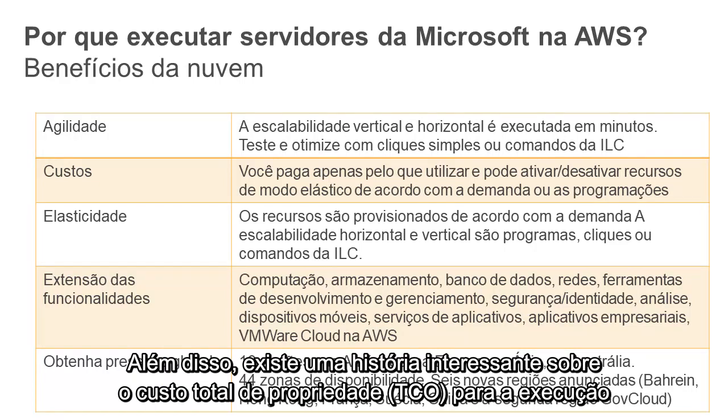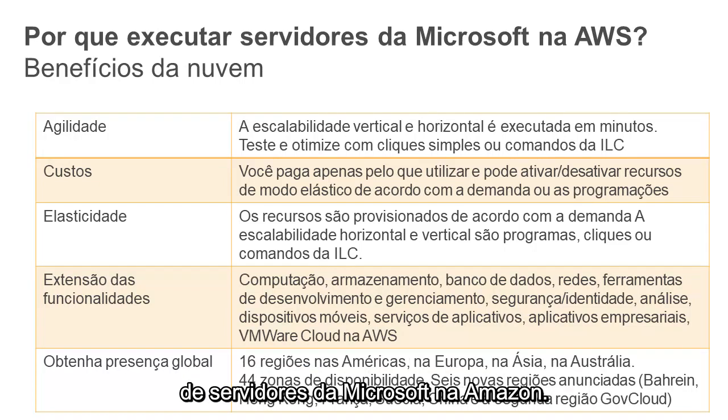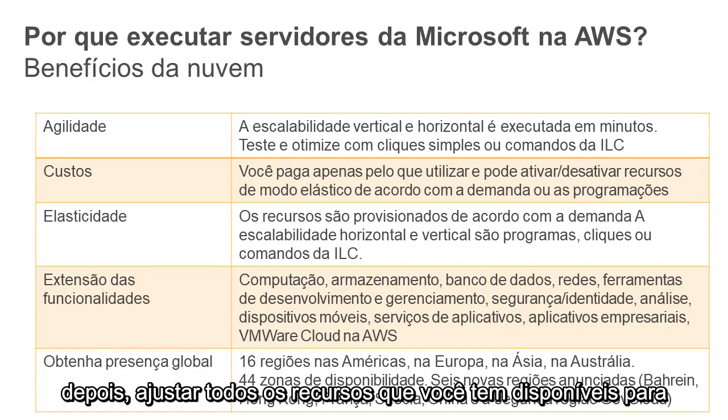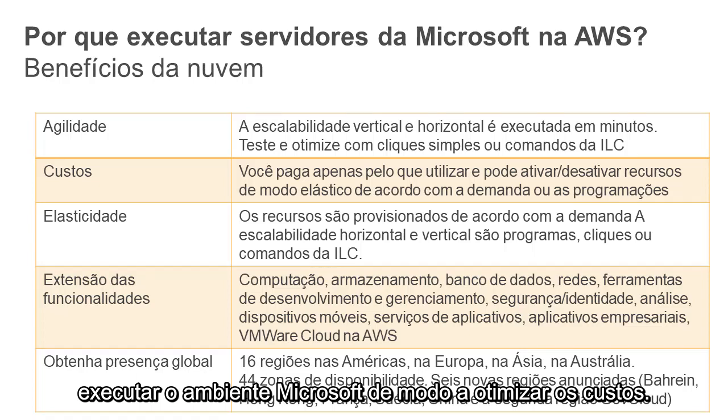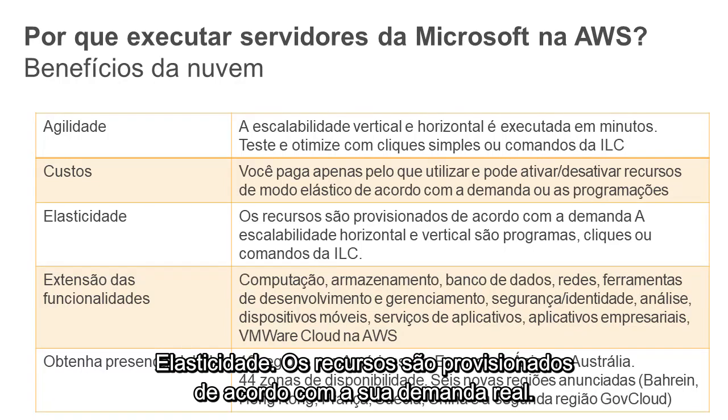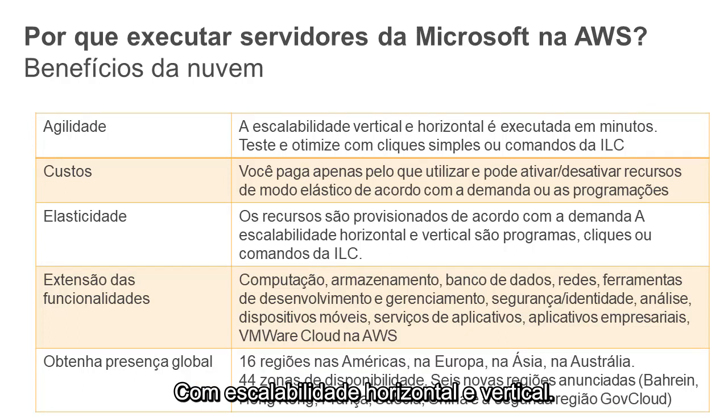In addition, there's a good TCO story for running the Microsoft servers on Amazon, and the TCO story is based on the fact that we can take existing licenses that you have, allow you to transfer them to Amazon, and then tune all the resources that you have available to run the Microsoft environment in a cost-optimized way. Elasticity, resources are provisioned according to your actual demand. You have horizontal and vertical scalability.